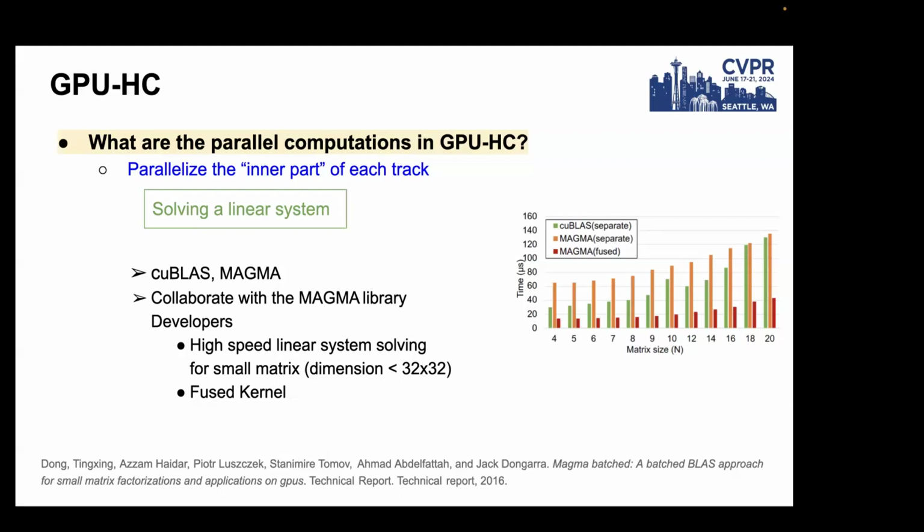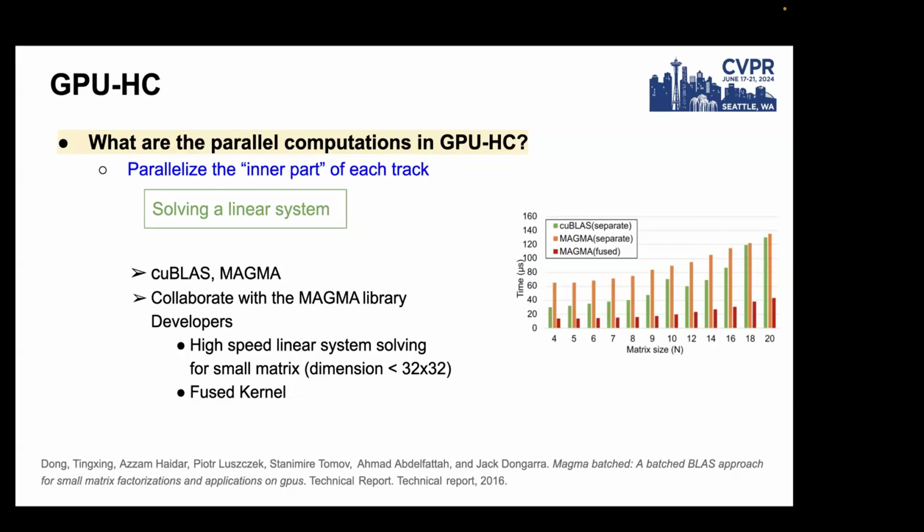If you look at the chart on the right, they have this trick. That chart is for solving. It makes my small solver slower than cuBLAS, and we use this fused kernel trick. One kernel can be treated as one function on the GPU, and if your functionality is implemented in different kernels, every time you start one kernel, you need some overhead time.